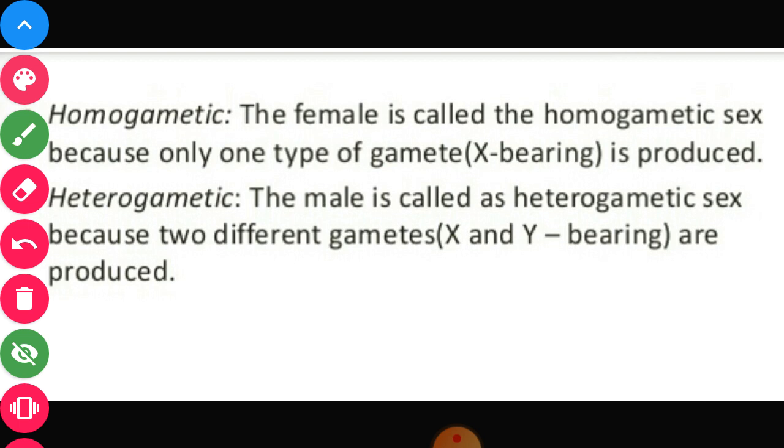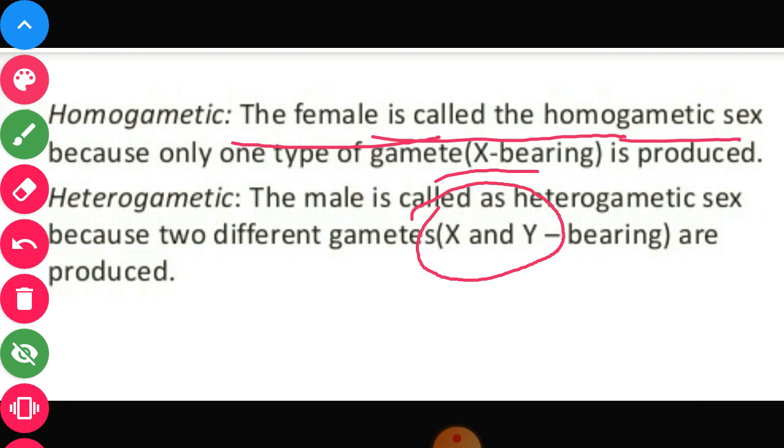See here, in human the female is called homogametic because both sex chromosomes are similar, X type, but male produce two types of gametes having chromosomes X and Y. So male are producing two types of gametes, that's why they are called heterogametic, but female have all chromosomes X, that's why they are called homogametic.